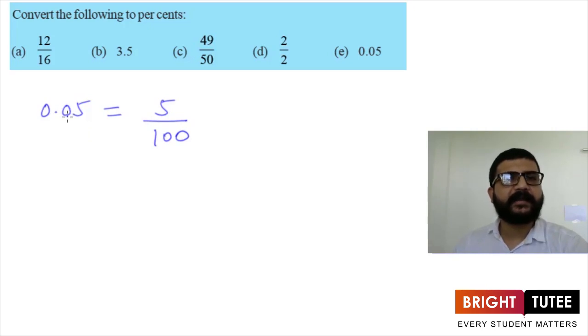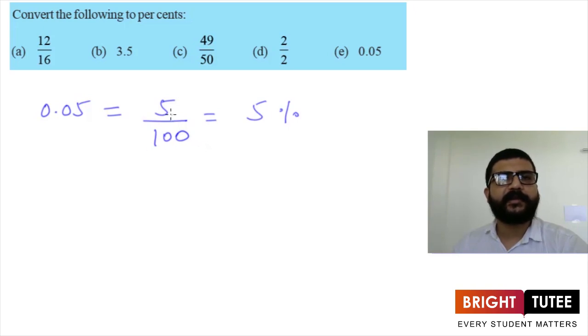Here we had 2 digits after the decimal point, so we have put 2 zeros with 1. As we know, if in a fraction the denominator is 100, the numerator represents the percentage. So this is nothing but 5%. So 0.05 is representing 5%. This is how we can make conversion from fraction to percentage or from decimal to percentage.